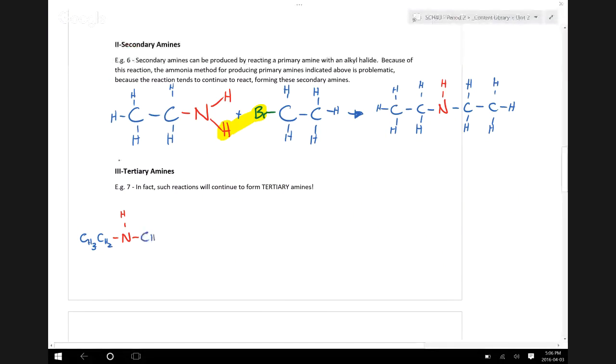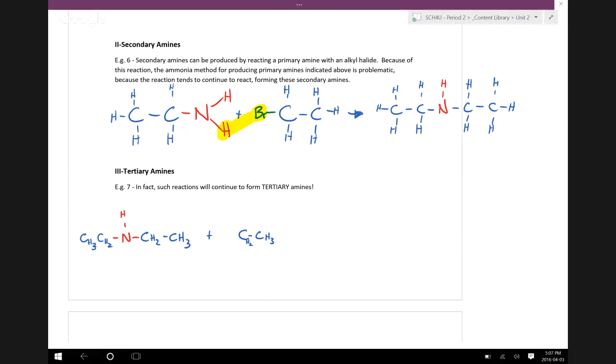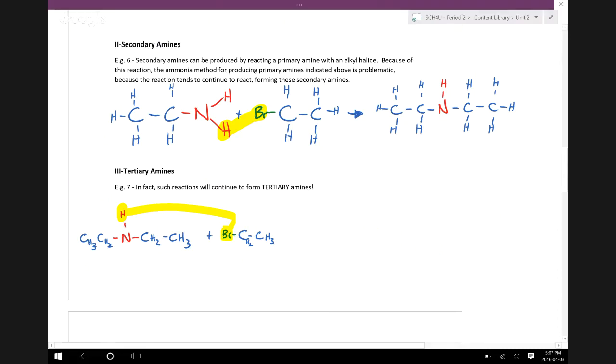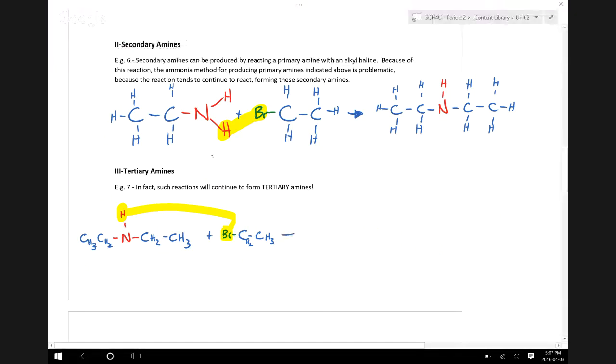In fact, that's what will happen under normal conditions. If this is left in the original container, you will get a third reaction happening, where this hydrogen will react with the bromine again. And that will form a situation where you have two chains coming off of the nitrogen as well.